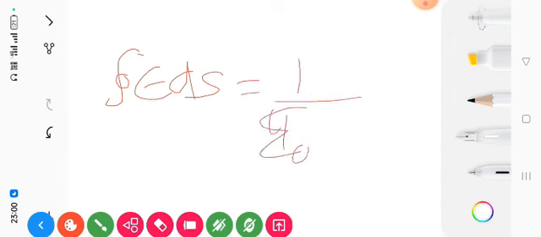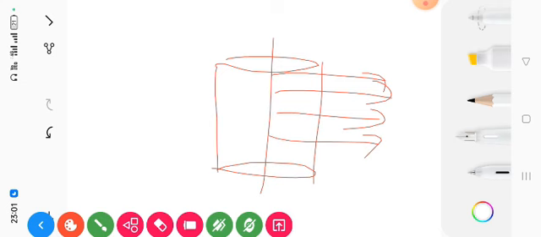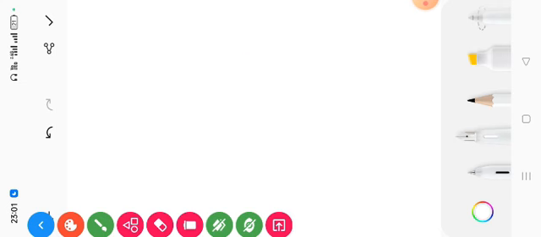Now let's find the electric field for this region. You see, the electric field here is constant everywhere. So we can take this E outside of the integration on the left hand side, because it's constant everywhere for all the surface.